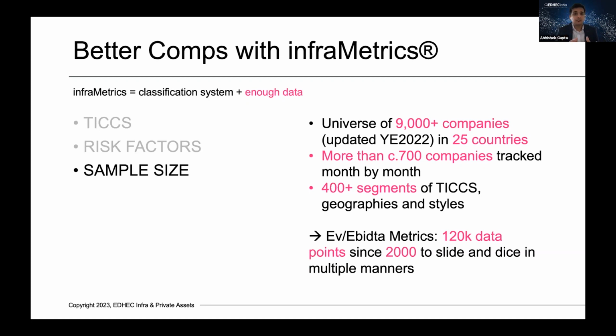So combining these assets together, we have data of 400 plus segments that you can use, split by these TICS categories, geographies, and styles. If you are interested in a metric like EV/EBITDA, we have about 120,000 data points going back to the year 2000. So it allows you to slice and dice it in many different ways, and then you can use it to build your comps analysis.